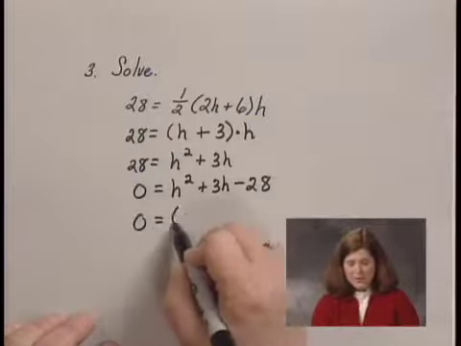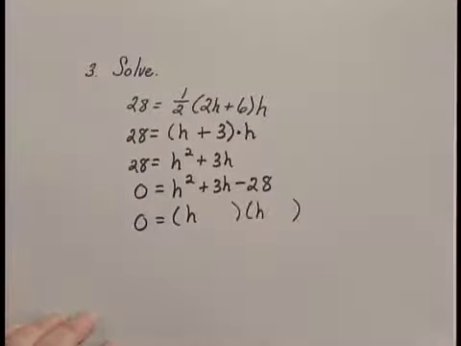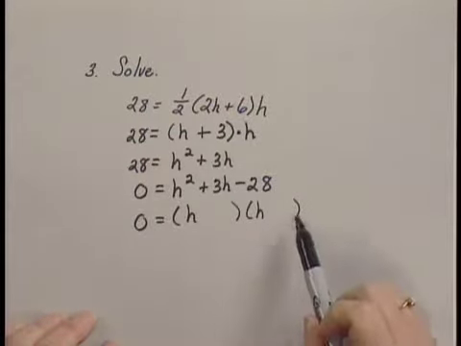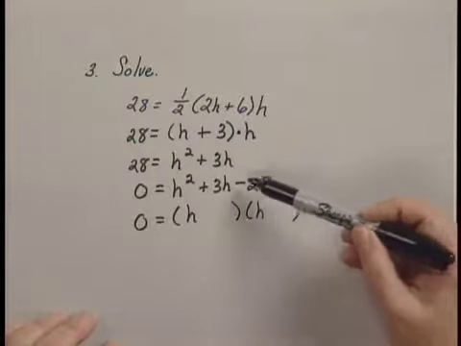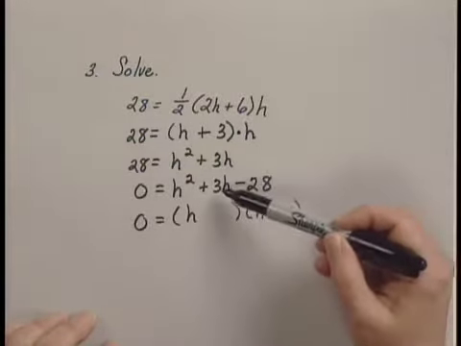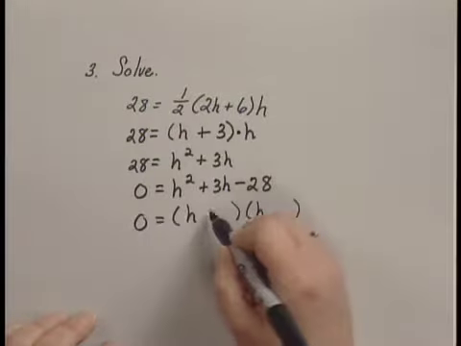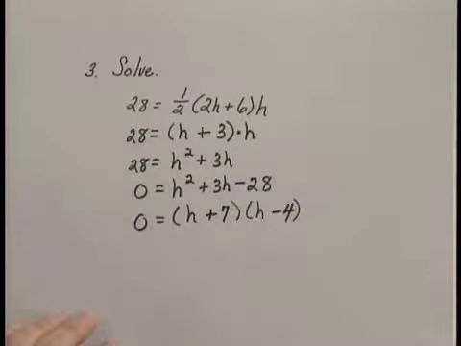I get 0 equals h is going to be the first term in both binomial factors. My second terms will be found by considering numbers whose product is negative 28 and whose sum is 3. And that would be 7 and negative 4. So I have plus 7 minus 4.